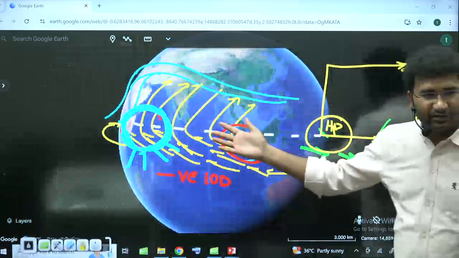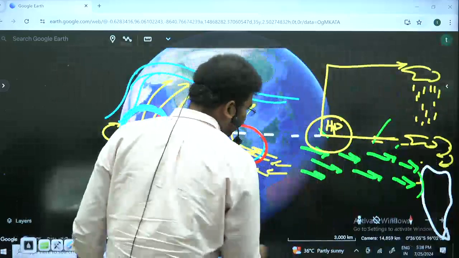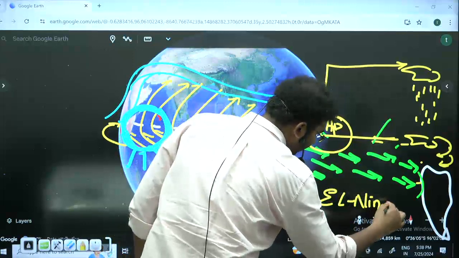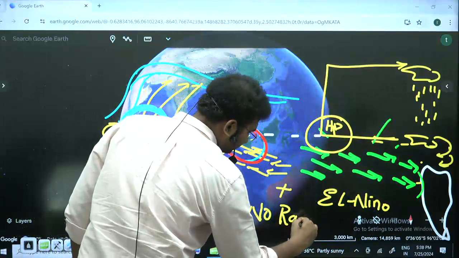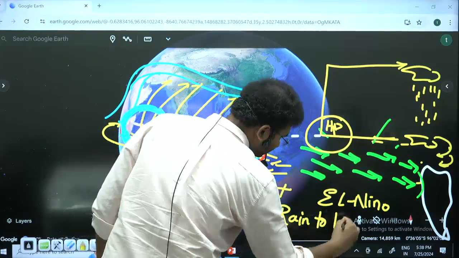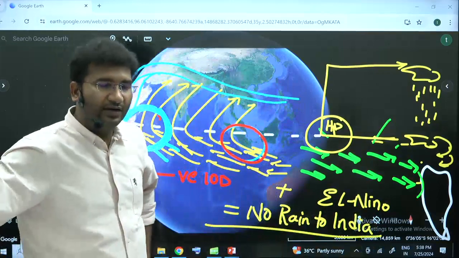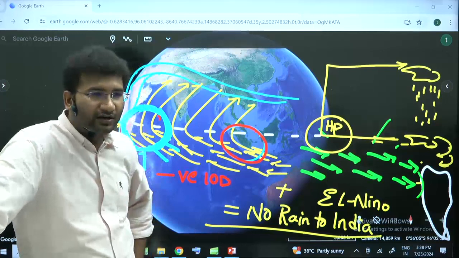Winds are not coming to India, and negative Indian Ocean dipole. If you have negative Indian Ocean dipole and El Nino, do you have rainfall? If you have negative Indian Ocean dipole and El Nino together, you will not have rainfall.